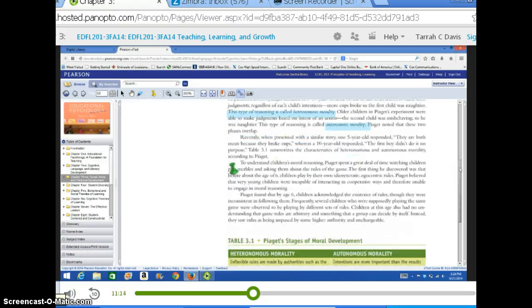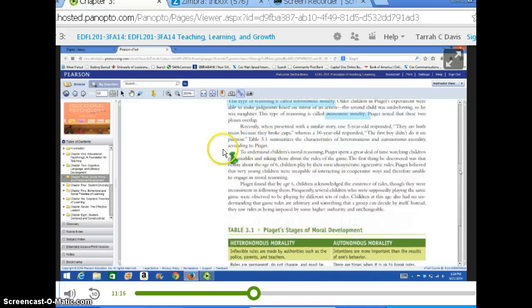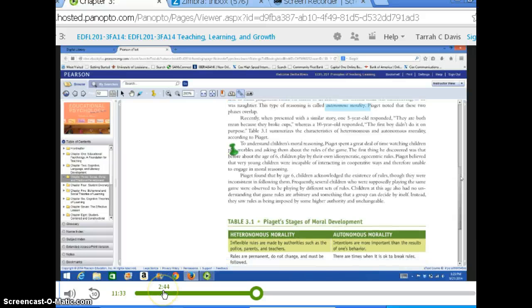So you may want to read more about this. When he developed his theory, he watched children and basically said that children at a young age believe rules can't be broken. As we get older, rules are adjusted to fit the situation.